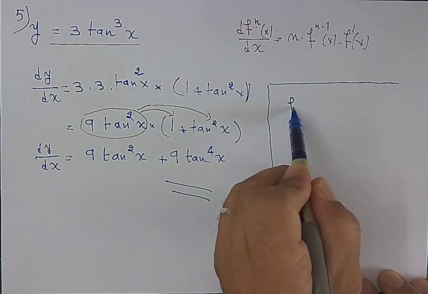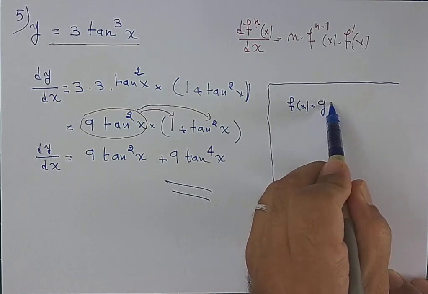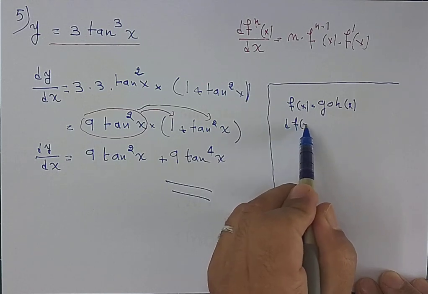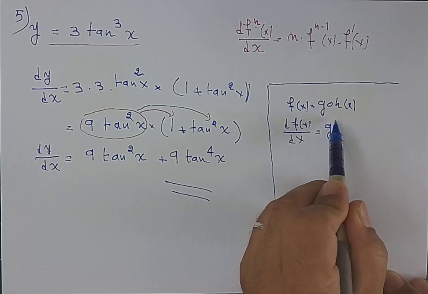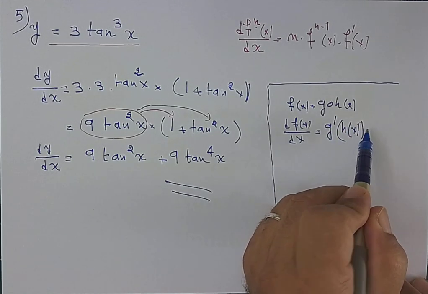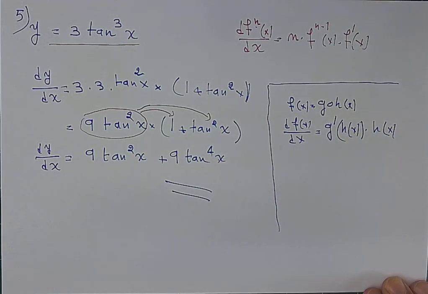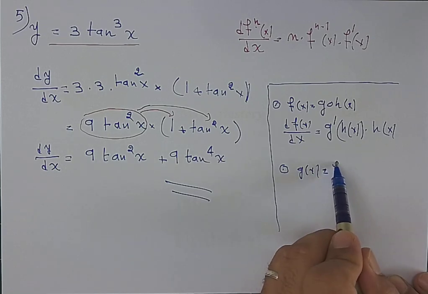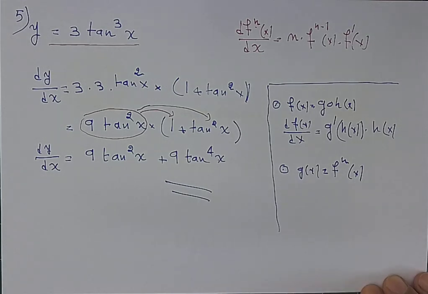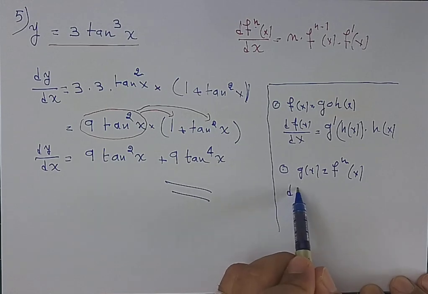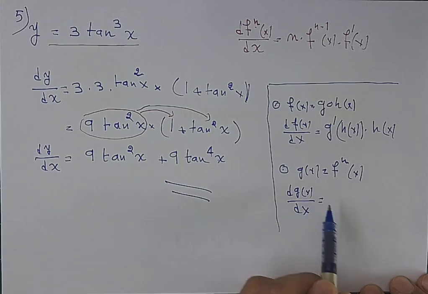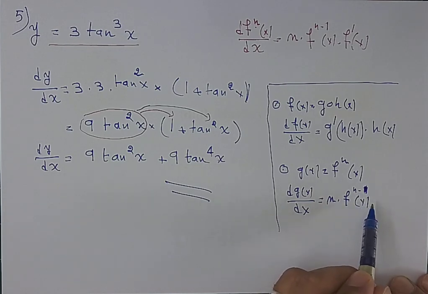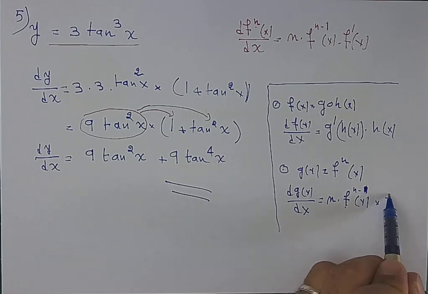First, if we have f(x) equal g composed with h(x), the derivative df/dx equals the first derivative of g at h(x), multiplied by the derivative of h(x). Second, if we have g(x) equals f(x) to the power n, the derivative dg/dx equals n times f(x) to the power n minus 1, times the derivative of f.